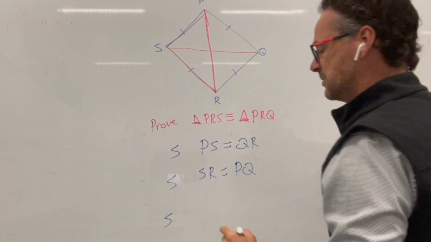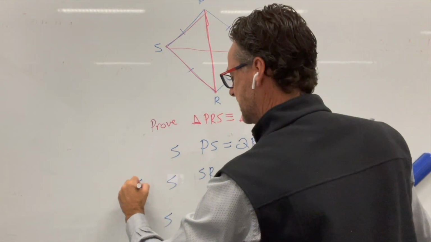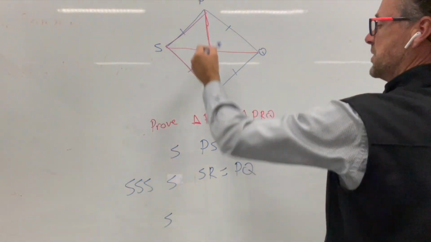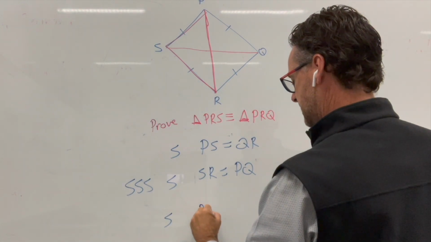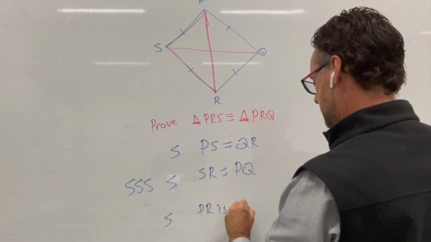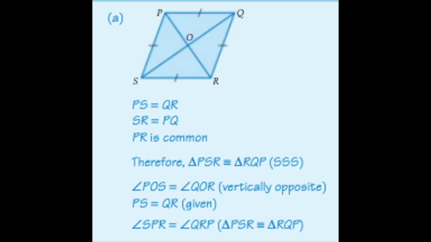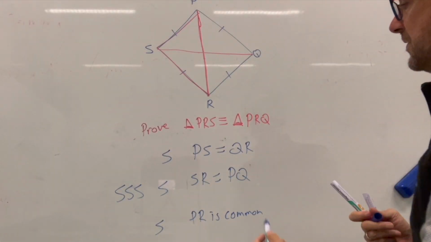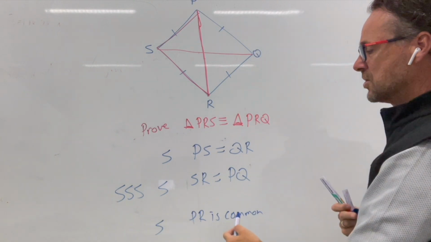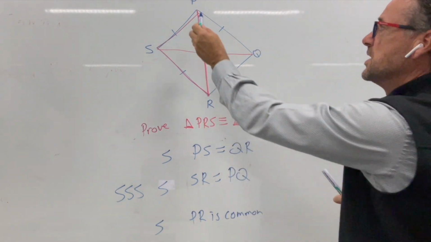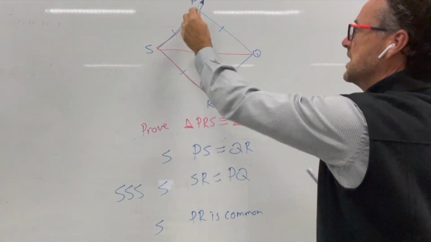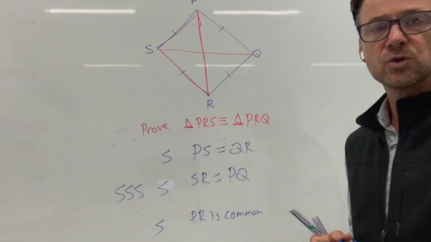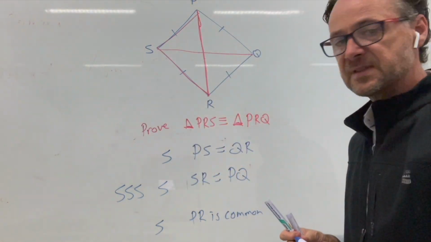And the final one, so we've got side, side, side as our congruence test, is PR is common. So now the side, side, side congruence test proves that the bigger triangles PRS and PRQ are congruent to one another. Okay, so it's proven that side of things.